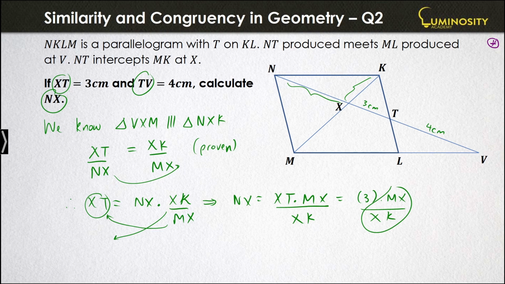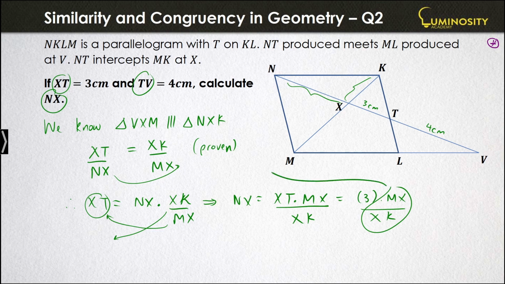So we need to think now, what other similarities of triangles and their proportional sides can we use in order to solve the problem? What I'm going to note now is that this ratio MX over KX, or XK, whichever way you read it, if I can relate that to another similarity, then maybe I can solve the question.